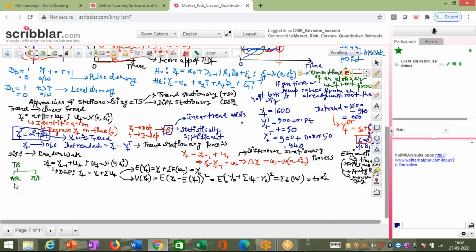So we'll start off with the autoregressive processes.